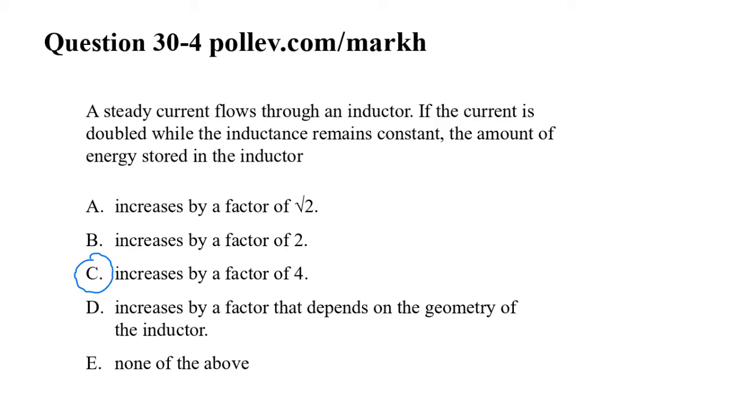If you remember, the energy, E or U if you like, is equal to half L I squared. So if the current is doubled, then we increase the energy stored in the inductor by a factor of 4.